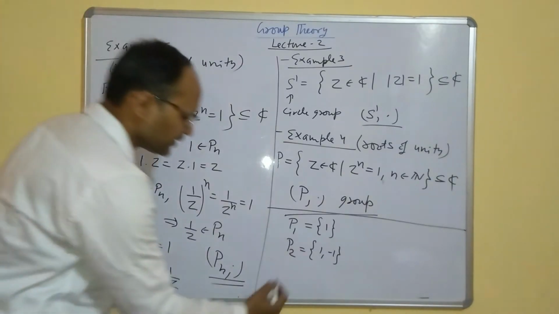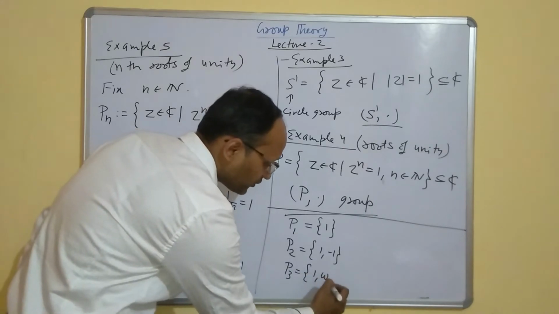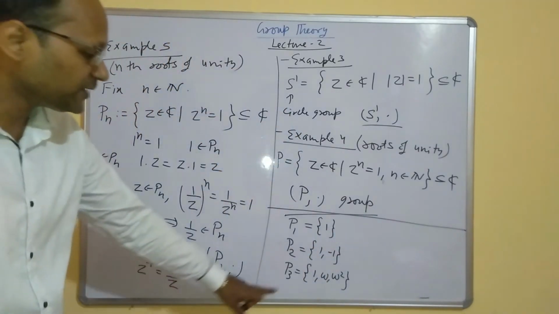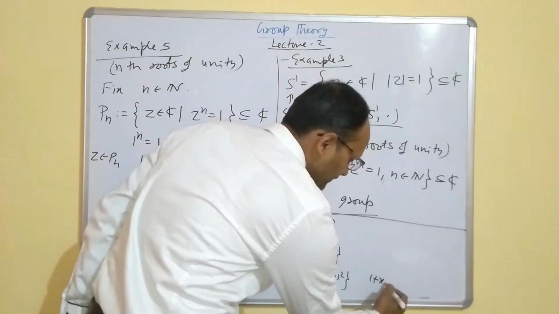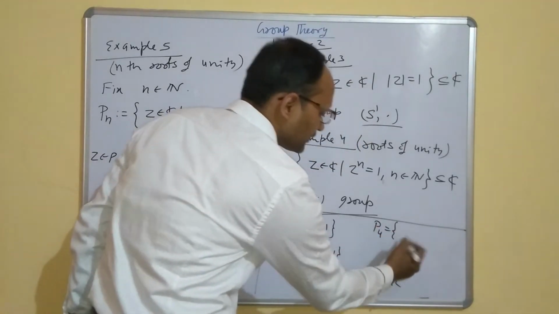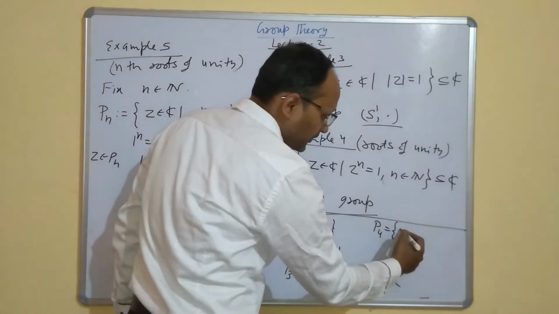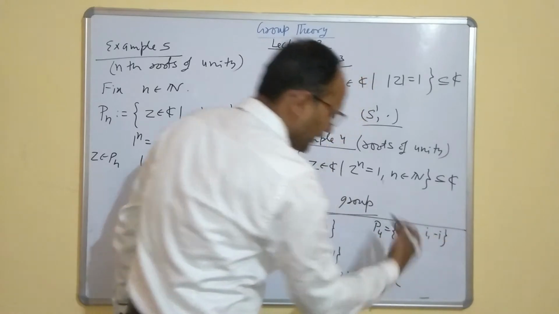And if you talk about P3, then it is 1, omega, omega square, the third roots of unity, and omega, you know, is a root of the equation 1 plus x plus x square. Similarly, if we talk about P4, then P4 is 1, minus 1, i, minus i, and so on.